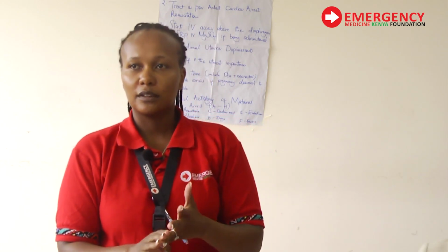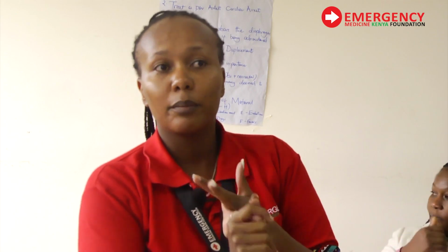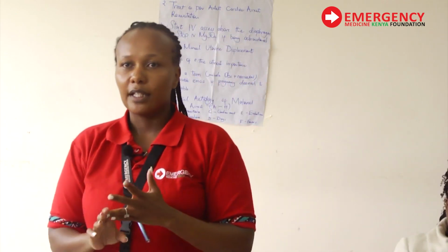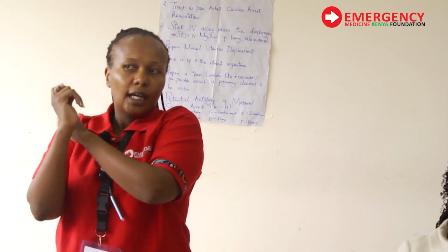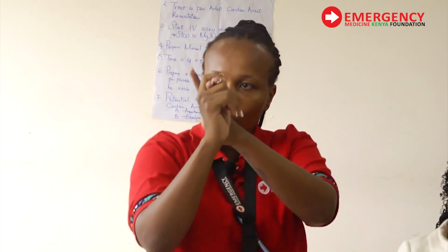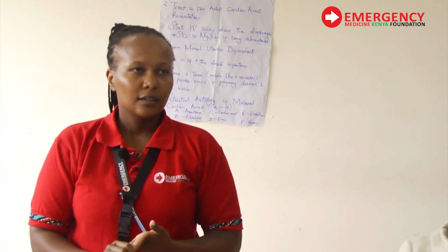Antepartum hemorrhages. Did they go into DIC? Is that the reason why our mother is going into an arrest? And you try and sort that out. Is that okay? C, any cardiac issues. It could be heart failure. It could be an MI. So you sort that MI. Are we clear? D, drugs.